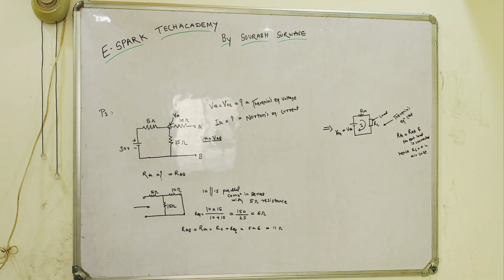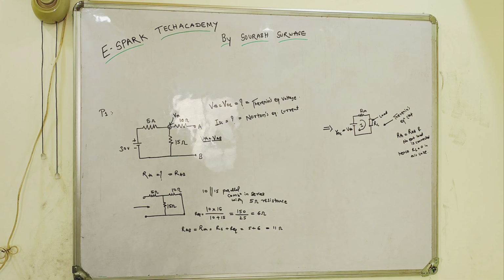When a load resistance is given, in this case the load resistance is 0, as no resistance is connected across points A and B as a load. That's why in this case no load resistance is given. When that is given, the same way we will calculate the power also by the maximum power transfer theorem.